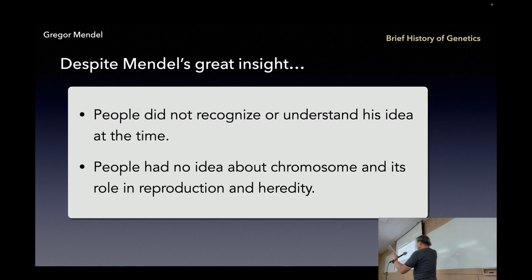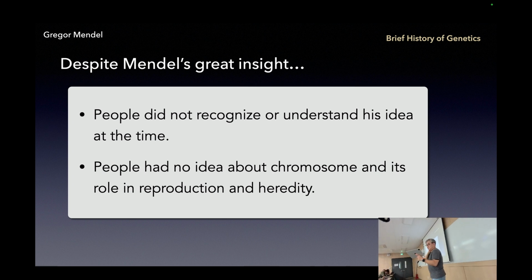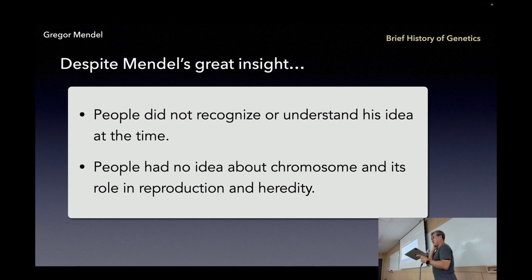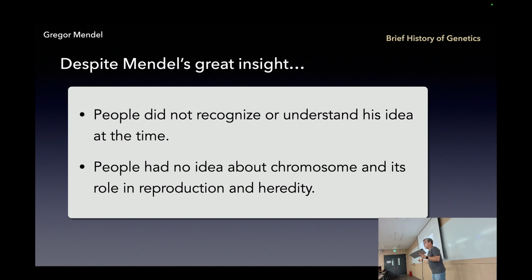So, despite this, people didn't give a damn about what he had. He just published the paper. No one read it, and no one agreed or recognized it. It simply went unnoticed until he passed away, even 30 or 40 years after his passing.